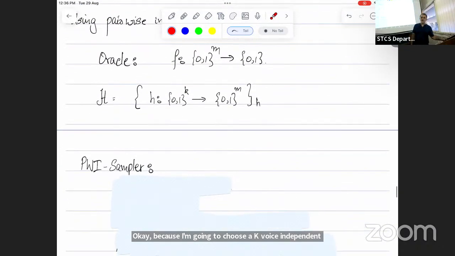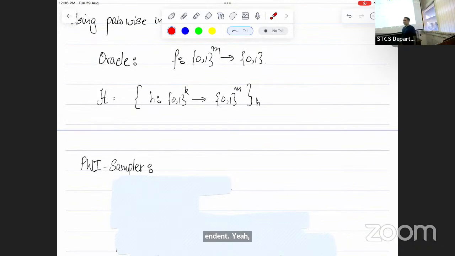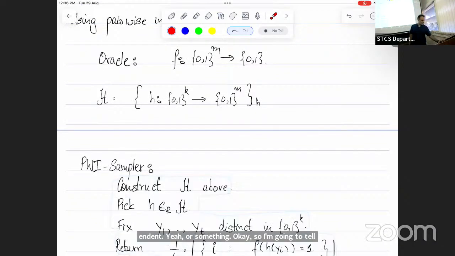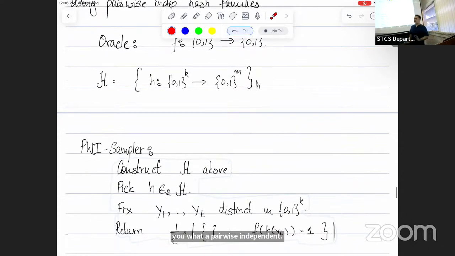Okay, so I'm going to tell you what a pairwise independent sampler is. Here is what you do. You construct a pairwise independent hash family as required above, for a suitable choice of K that you will figure out. Then you pick a function from this hash family at random. That's your choice of randomness. After this, there's no randomness. Then you specify some y1 through yt that are distinct elements in your domain.